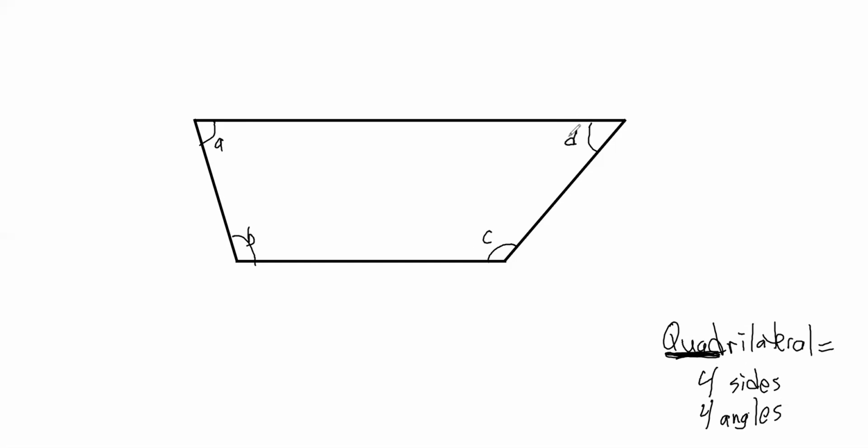Now, this is what I want to show you. If we draw a straight line and cut this quadrilateral exactly in half, we now have two separate shapes. We've taken our quadrilateral and made it into two triangles.